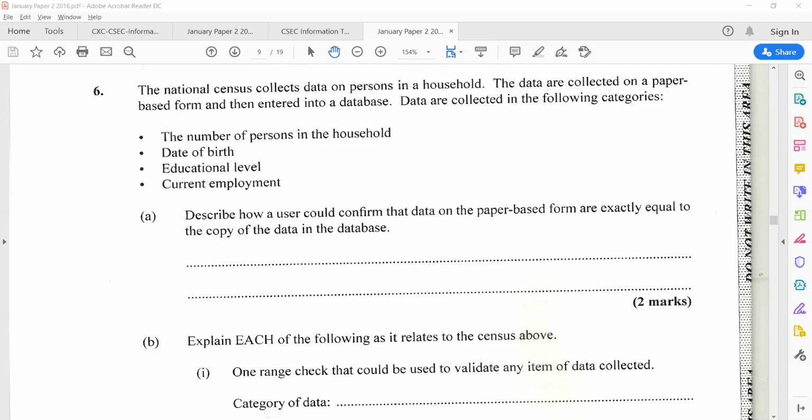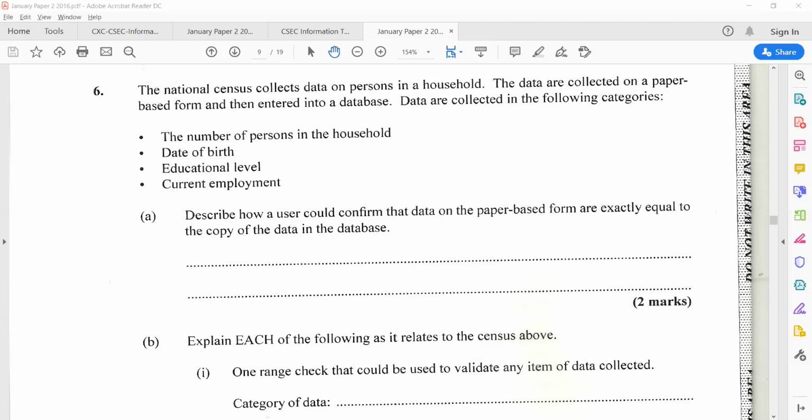So you may be entering number, date of birth, education level, employment. So you enter these 4 fields, and after the user enters it, it's displayed on the screen, waiting for the user to confirm that it is correct. So it will be implementing a verification technique such as a visual check, and then describing the process.